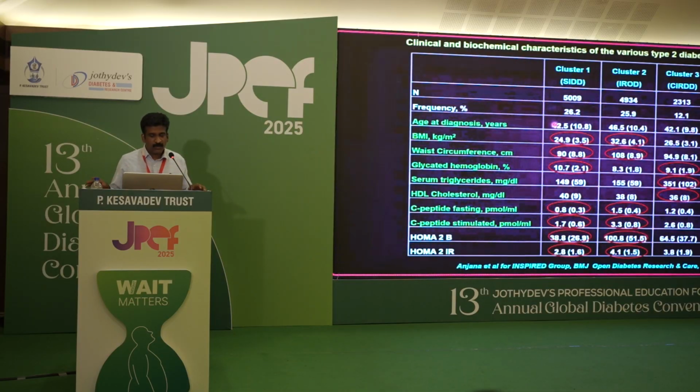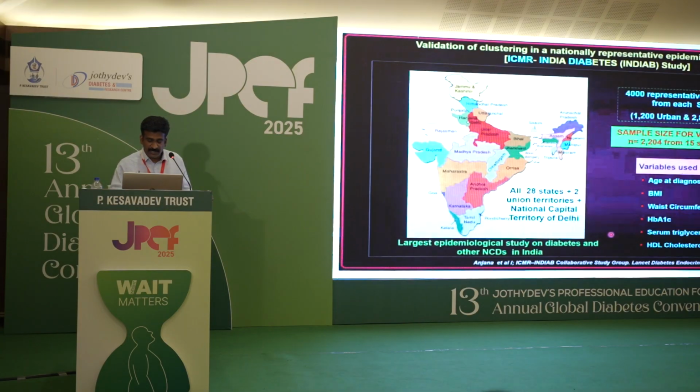If you look closely at the parameters, the BMI, the insulin levels, the C-peptide levels, are all very important, and they found these 2 clusters are very peculiar to the Indian subgroup of patients. Mohan and collaborators then validated this study by incorporating it in the ICMR INDIAB study, so that they could study a huge population across the nation.